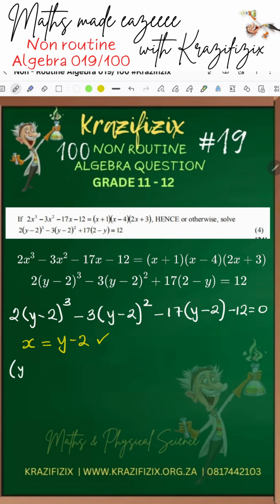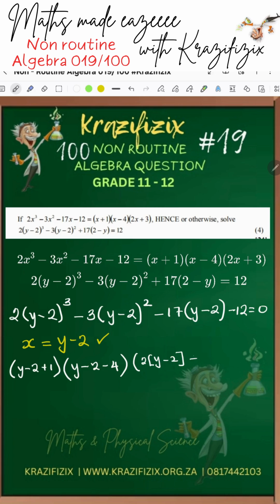Instead of x, y minus 2 plus 1. Next bracket, y minus 2 minus 4. Okay. Third bracket, instead of x rather, I'm writing 2 into bracket, y minus 2 plus 3. Okay, so I have simply done all of this part now. Where's my highlighter? All of this part.